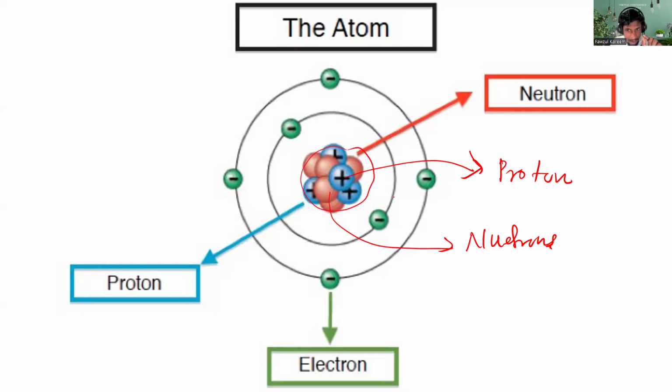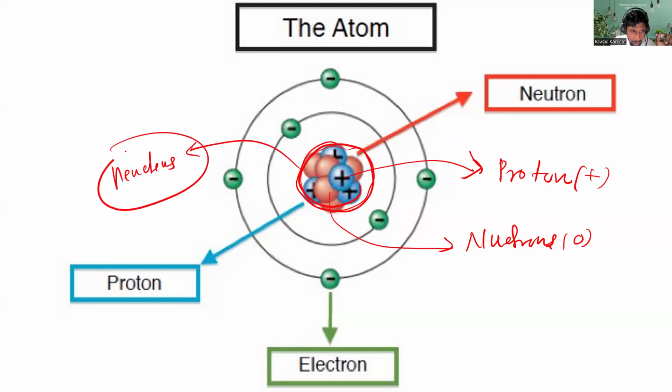Protons have positive charge, neutrons no charge. They are found at the center, and that area is called the nucleus. Now you know where the proton and the neutron are present.